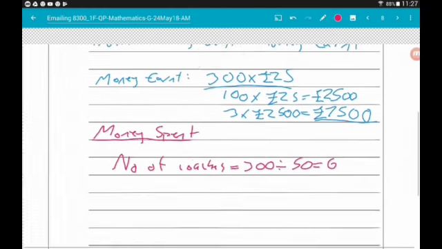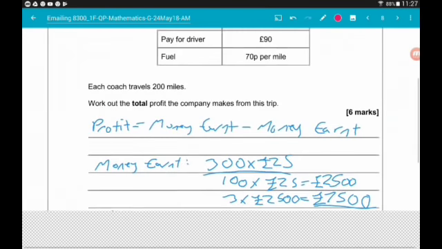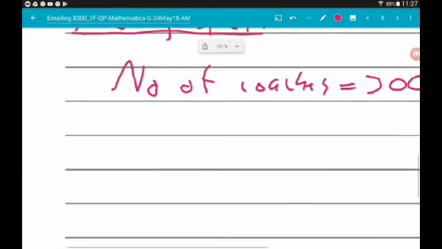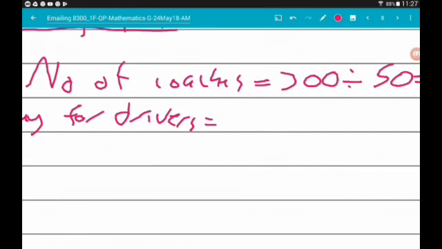So the pay for the drivers is £90. So the pay for drivers is 6 times 90, which is £540.